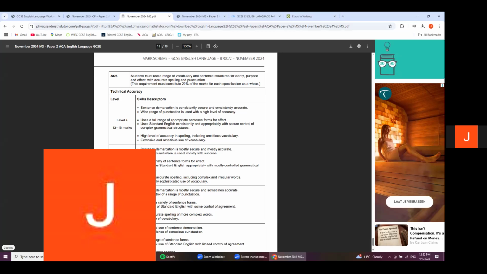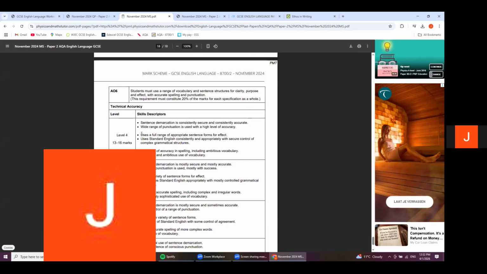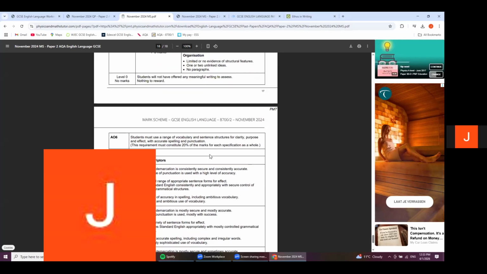At the top level there, as you would expect for a maximum of 16 marks, sentence demarcation is consistently secure, so all your SPAG is absolutely tip top and spot on. Using a full range of appropriate sentence forms, you're using standard English, no text speak, no slang, nothing of the sort whatsoever. High level of accuracy in spelling, including ambitious vocab and extensive and ambitious use of vocabulary. So that's what we are being marked for at the highest level.